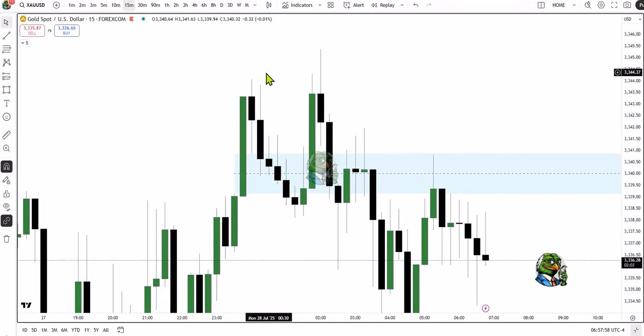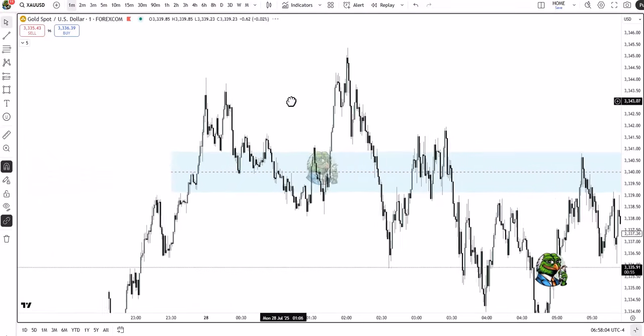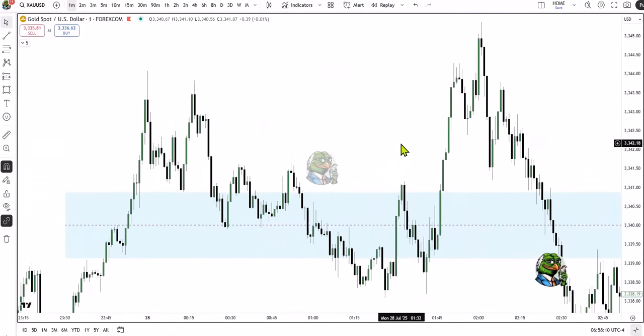What gave me more confidence was the 1 minute time frame. When I looked at it, the algorithm left very clean equal highs, and you can see that just above here.